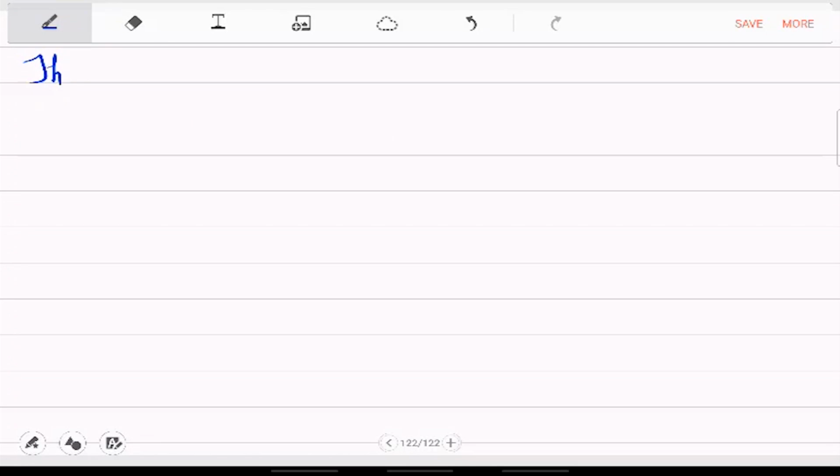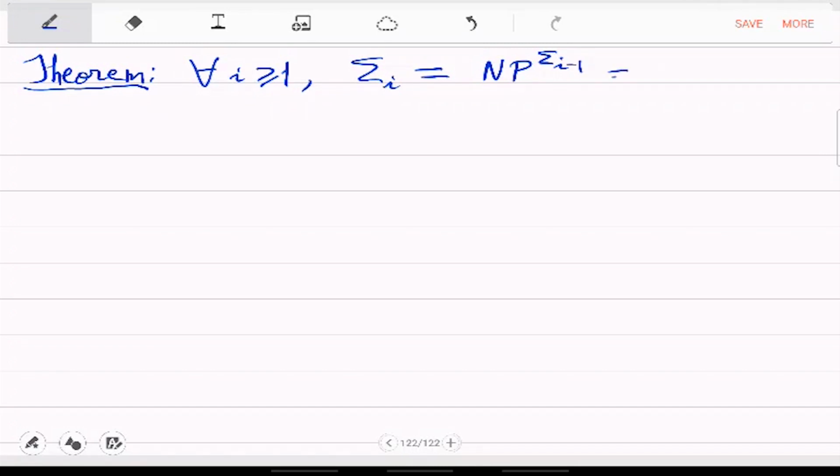So that's the theorem. For all i greater than or equal to 1, sigma i is NP raised to sigma i minus 1, which is NP raised to sigma i minus 1 SAT.